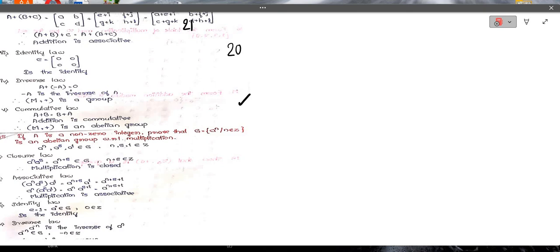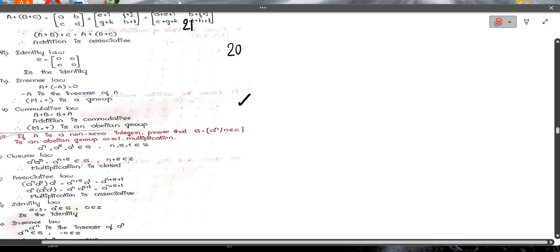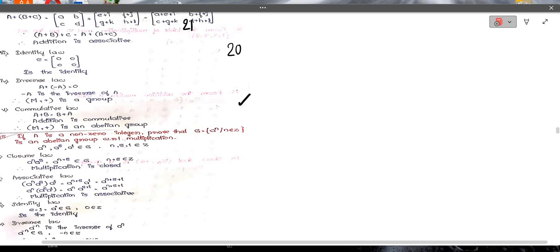Substitute here A as [a b; c d] and −A as [−a −b; −c −d]. Add corresponding elements, then you are going to get 0. That's why −A equals [−a −b; −c −d] is the inverse of A. From these 4 laws, we can say that (M, +) is a group.